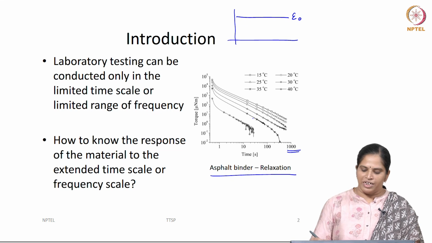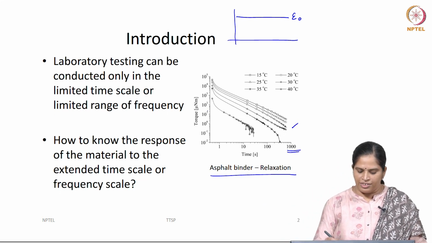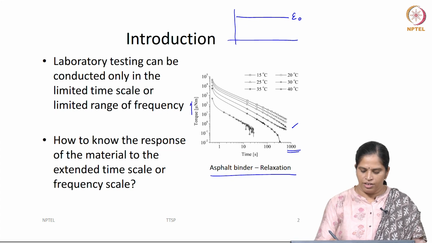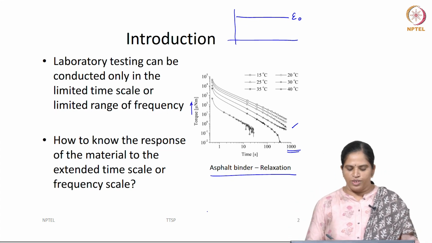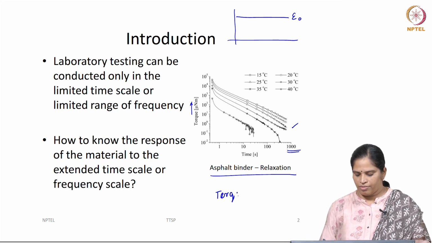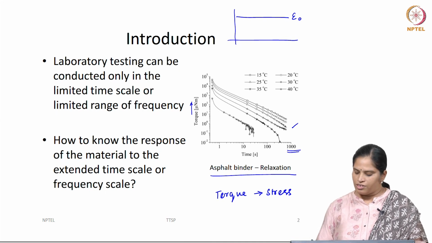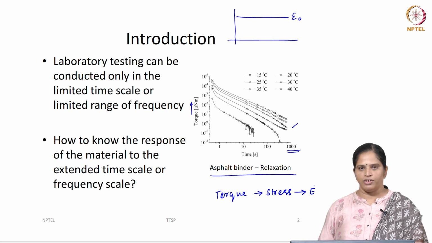The response of a material, asphalt binder, to this constant strain will be like this. Now, if you see this plot it is given as a torque. You can always convert the torque value to a stress using some constants, and this stress can be again converted to a relaxation modulus.